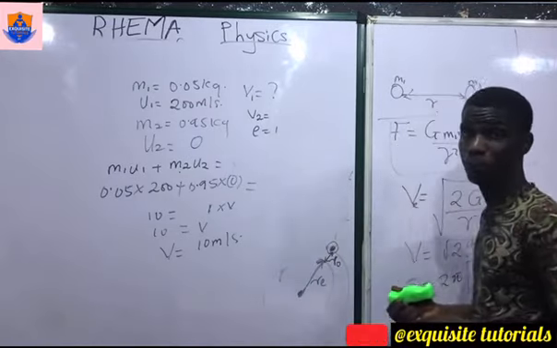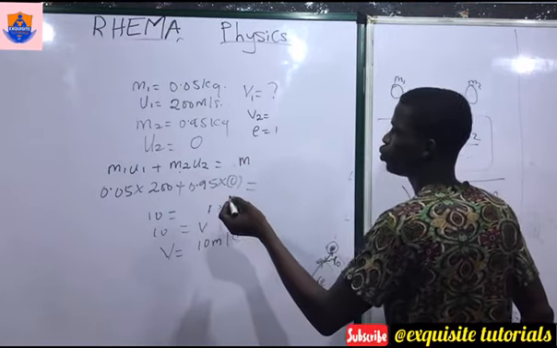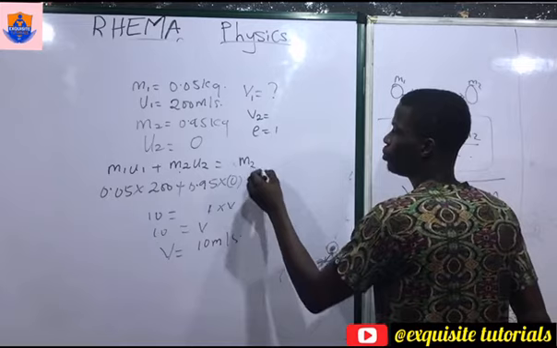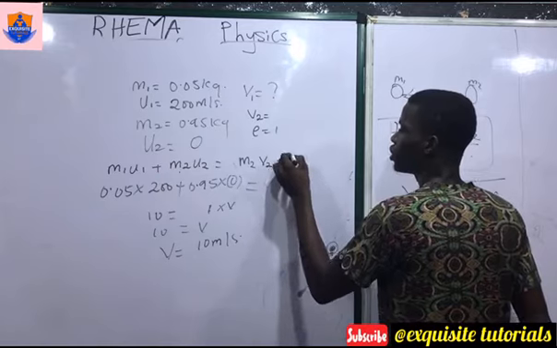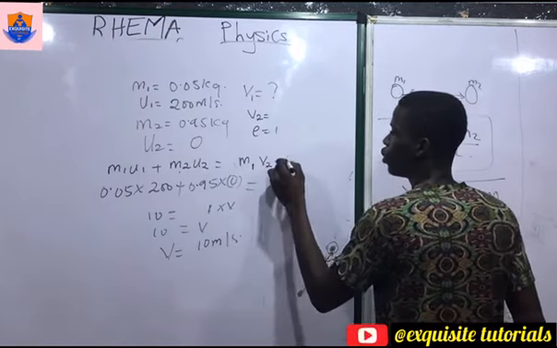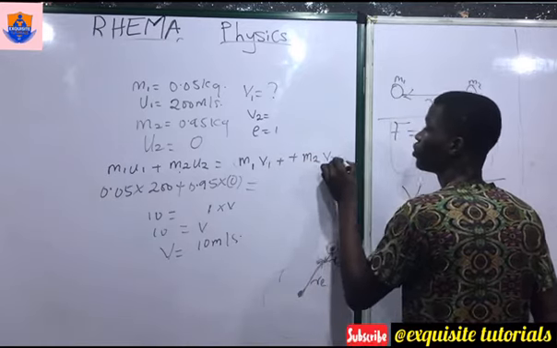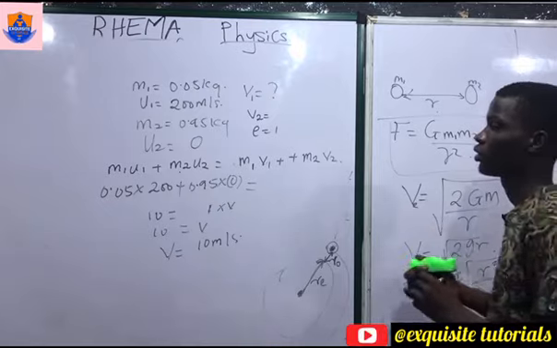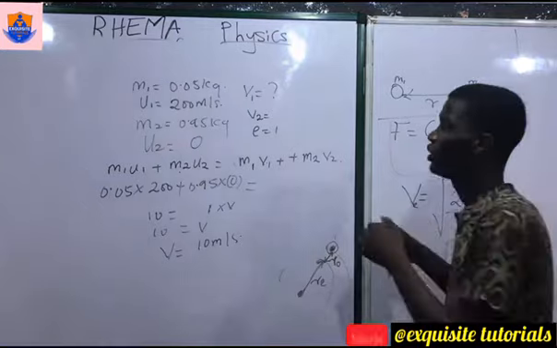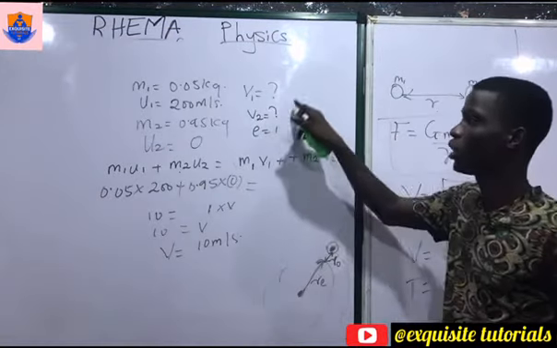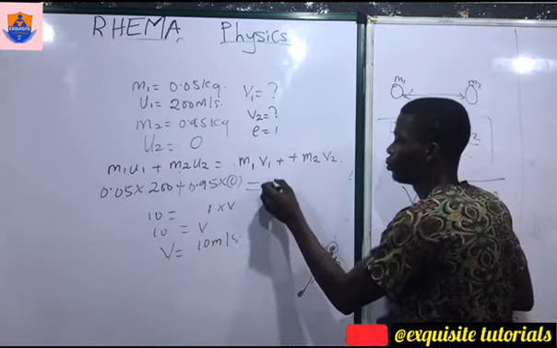Remember that for elastic collision, this is the formula for it. Now assume we're not given the u1 and the u2, but we're given these two values. Our first mass is 0.05.